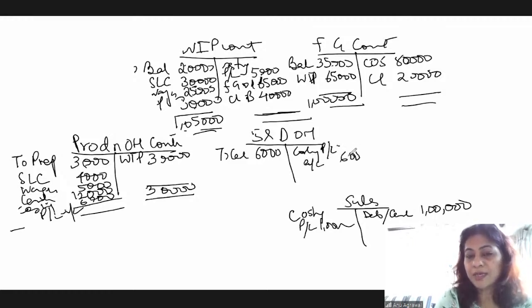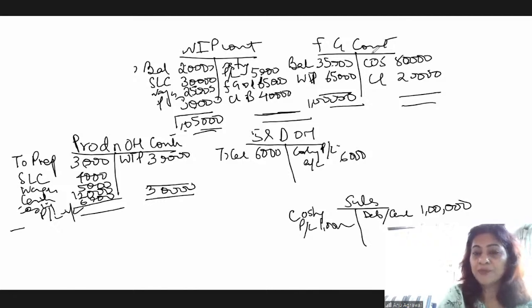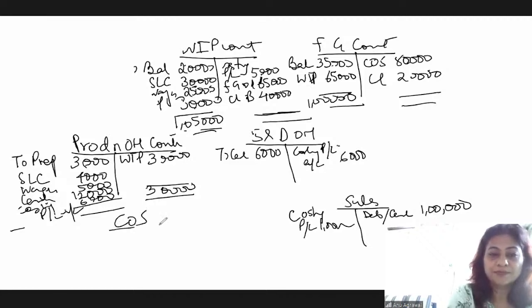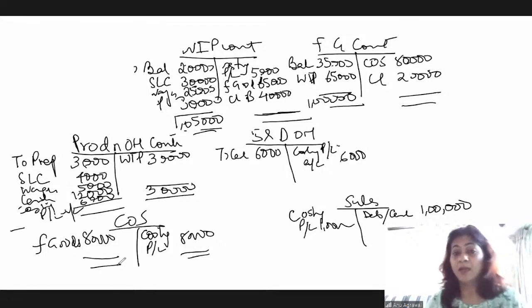Yes, 6,000. This account gets closed. Now, the finished good account you transfer to the cost of sales account, 80,000, and from the cost of sales account transfer it to the costing P&L account, 80,000. You can skip the step and directly make the costing P&L account.